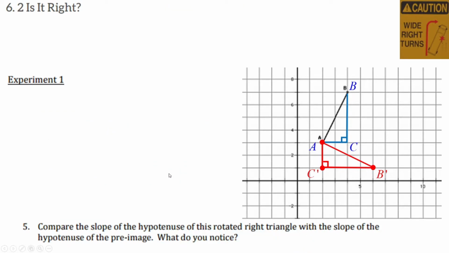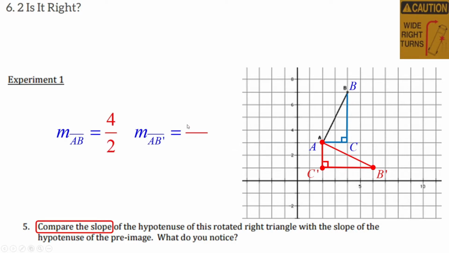Number 5. Compare the slope of the hypotenuse of the rotated right triangle with the slope of the hypotenuse of the pre-image. What do you notice? Okay, so let's talk slopes again. Let's start with, and this notation means the slope of segment AB. That's our original segment right here, and we already know that we're rising 4 and running 2.